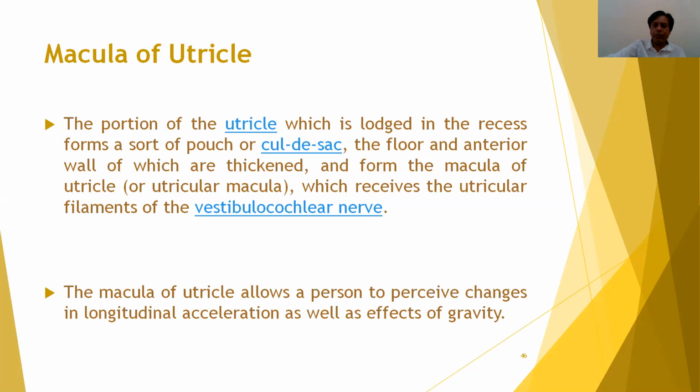The macula of utricle allows a person to perceive changes in longitudinal acceleration as well as effects of gravity. So, macula of utricle is responsible for longitudinal acceleration as well as effects of gravity.